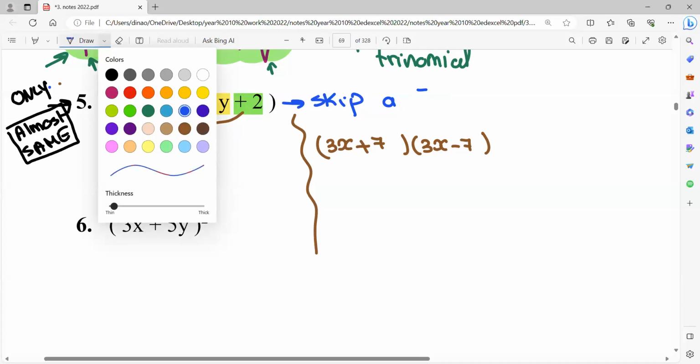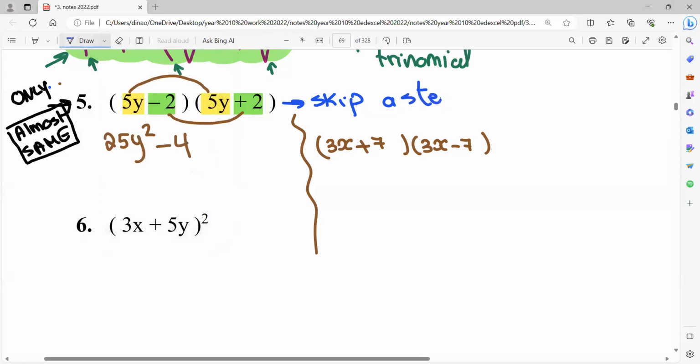What is the shortcut that I can use in almost same? The shortcut I can use in almost same is skip a step. What do I mean by skip a step? I can multiply first times first. 3x times 3x is 9x squared.